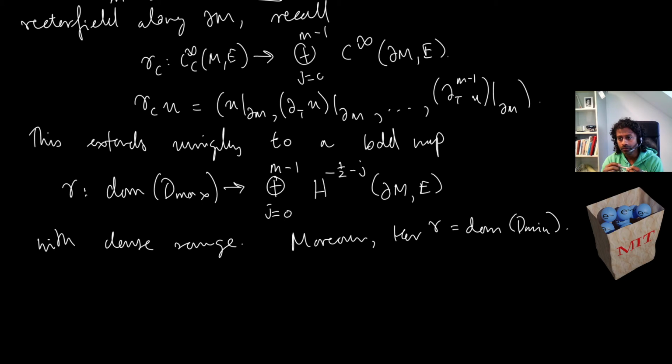Well, why do I need to use a connection there? I can just take a curve that generates T, compose with u, differentiate, and then evaluate at the boundary. No, because T is a global vector field along the boundary.